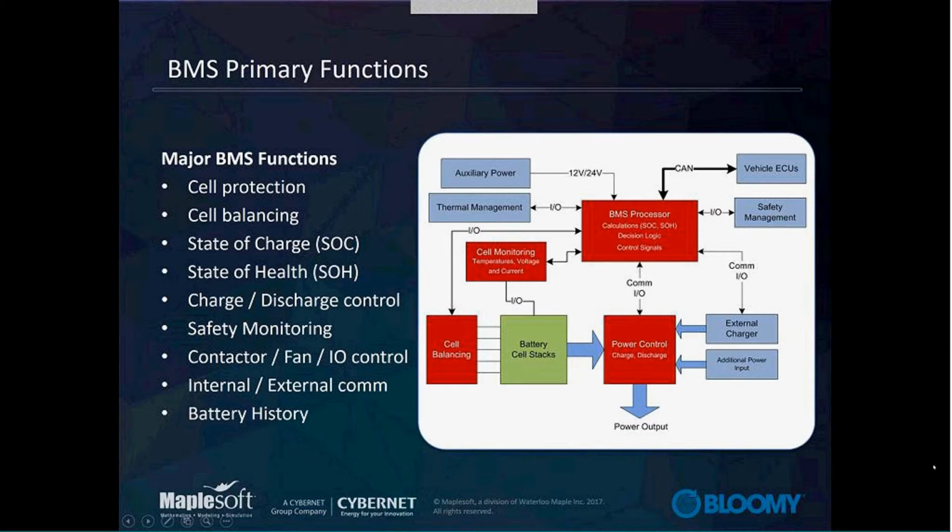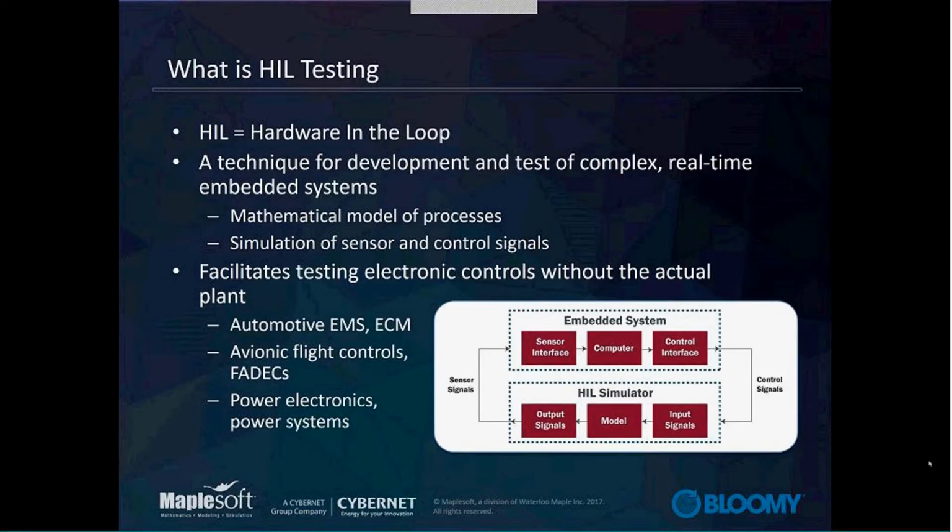Basically, all these features of the BMS need to operate, and we want to make sure that we are able to test them and prove that they're performing correctly, and prove that in real time. So that if you have a safety feature, you want to make sure that it responds in a timely and effective manner. So part of testing a BMS is to effectively test each feature that the BMS provides. So what is hardware-in-the-loop testing?